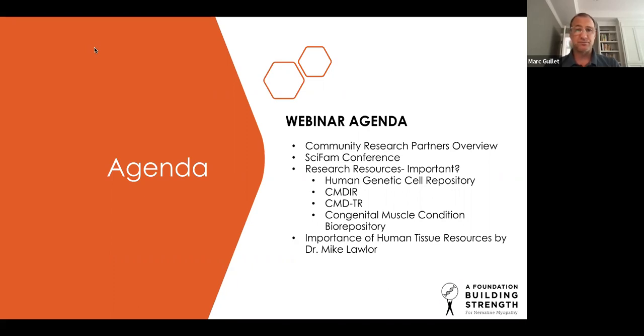The researchers really want a rich platform to work from. When they have things like well-developed cell repositories, places where actual human tissue can be harvested and grown for research to mimic the human form and be tested, that is really an important factor. So we're going to go over a little bit of detail today about what resources we have set up there.